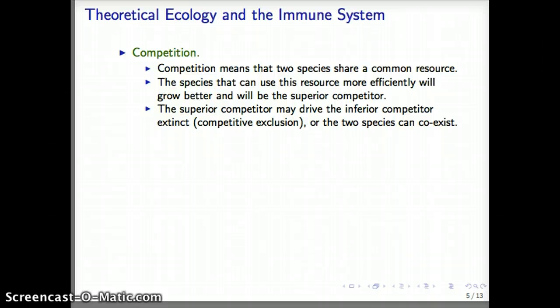And that superiority may drive the inferior competitor out of business. In other words, it may actually cause the inferior competitor to go extinct. The other plausible scenario is that both species may coexist with each other.